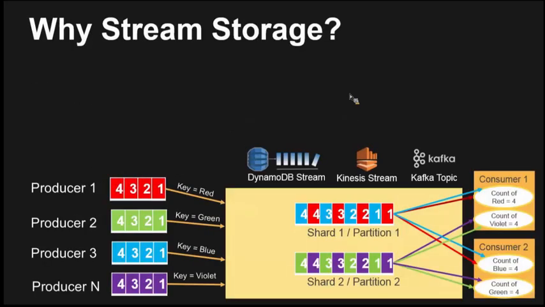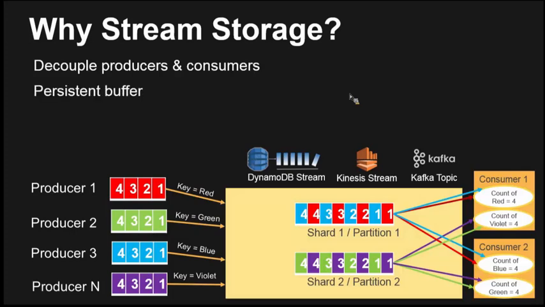Before we get into the details, I want to lay out why stream storage, and what type of function stream storage does. Stream storage decouples producers and consumers, so producers can send data at any rate, and consumer applications can consume data in parallel. It provides a persistent buffer. When you're dealing with a low-energy device, it doesn't have the memory or storage to keep the data for a long time.